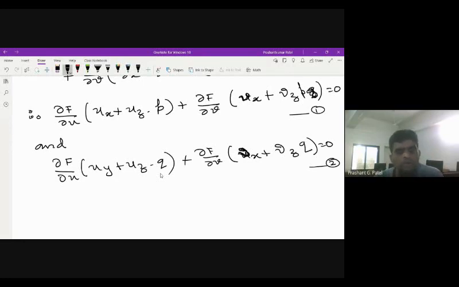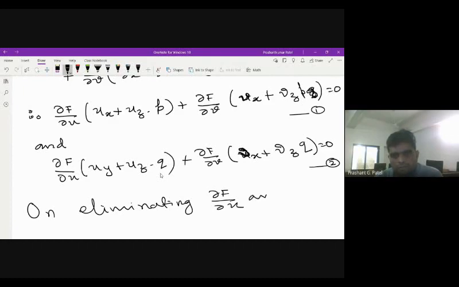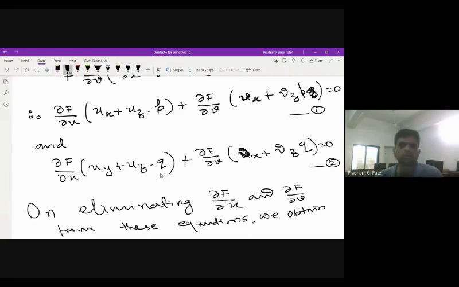So on eliminating del f upon del u and del f upon del v from these equations, we obtain the result. What should we do to eliminate this?